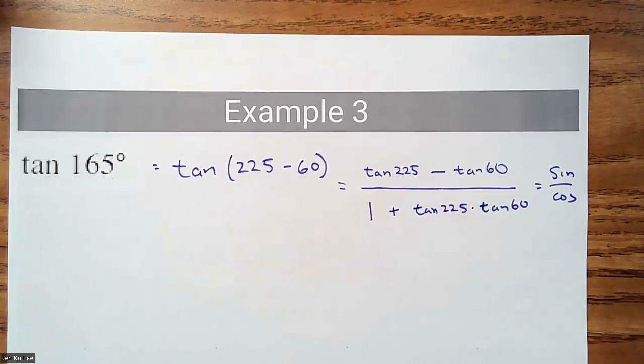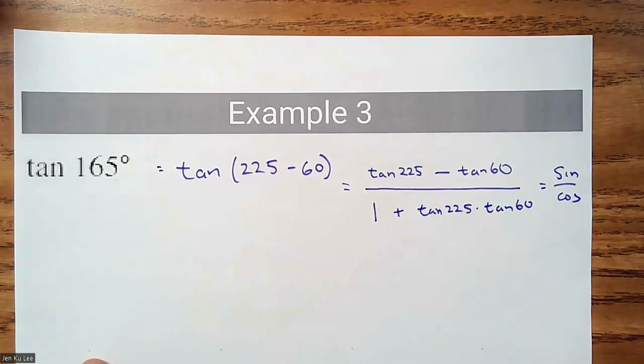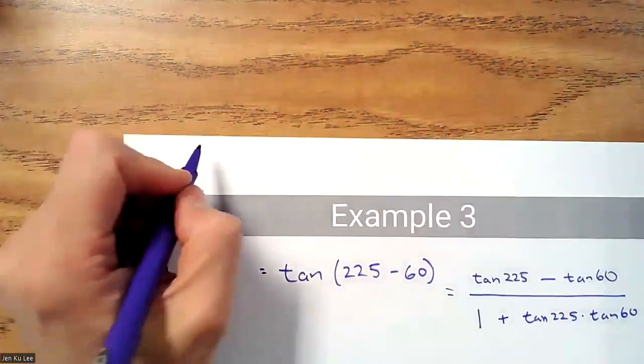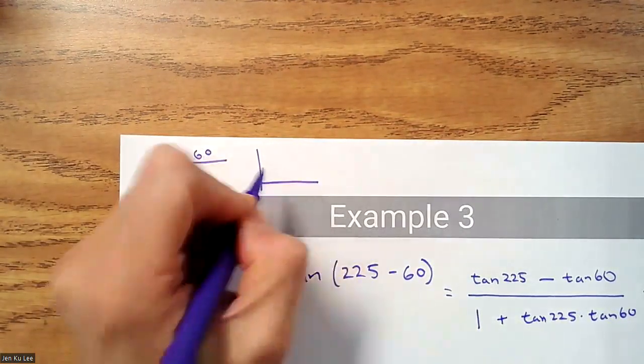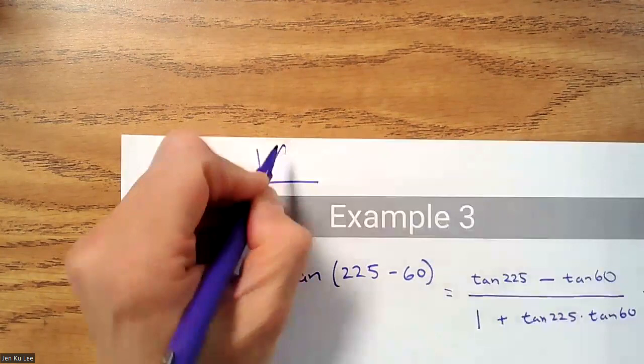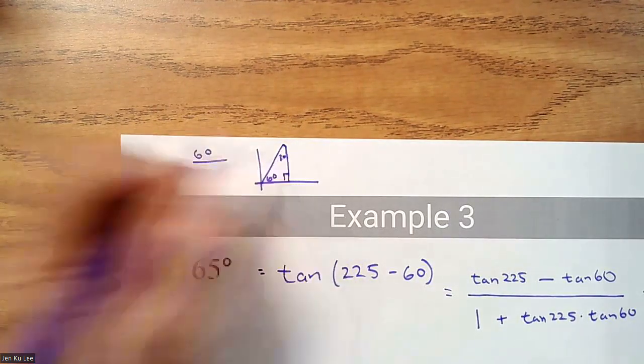Now it's just the activity of finding the tangent of 225 and 60. So 60 degrees first. That's in my first quadrant. That's 60, 30.